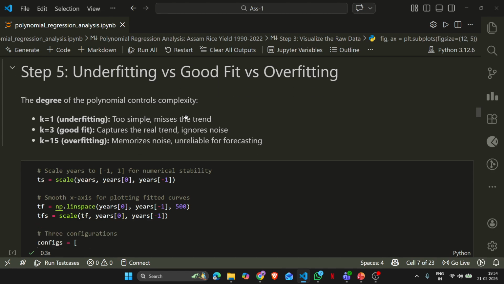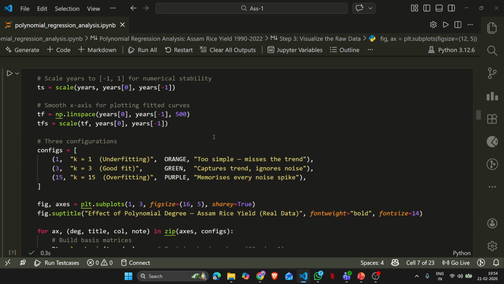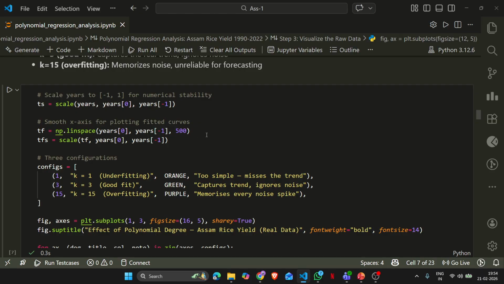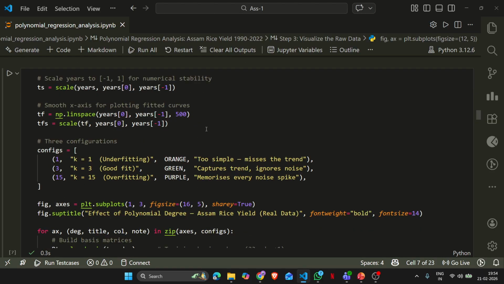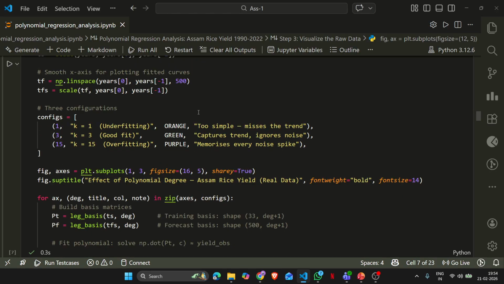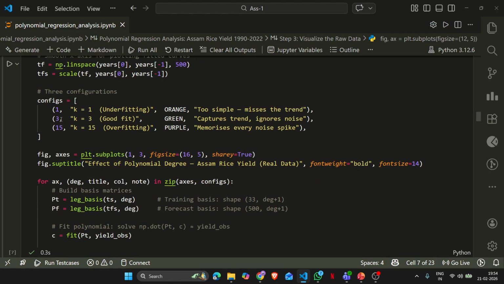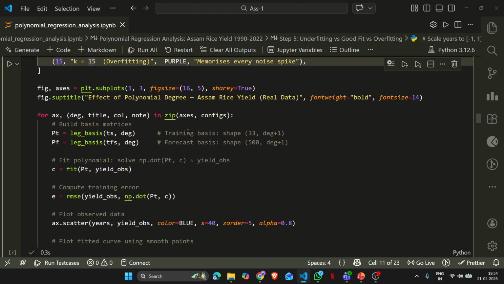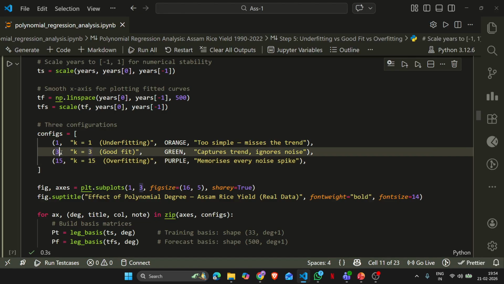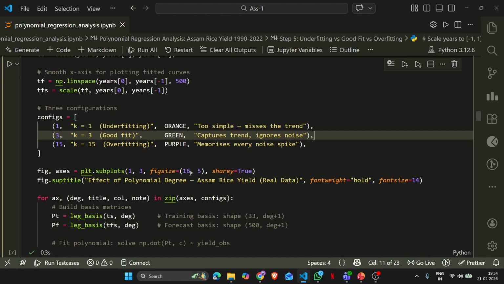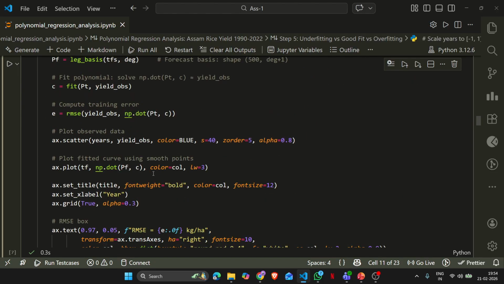So now we'll try to fit our data for different degrees of polynomial. Here I have chosen 3 degrees of polynomial, 1, 3, and 15, for the sake of demonstration, because these are the places where the results are the most visible.